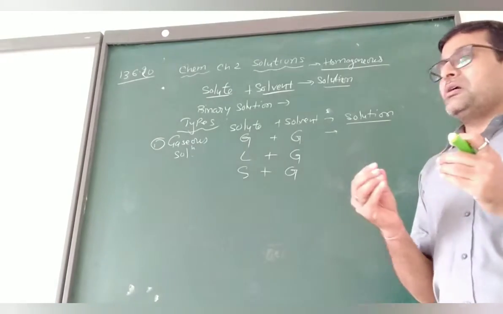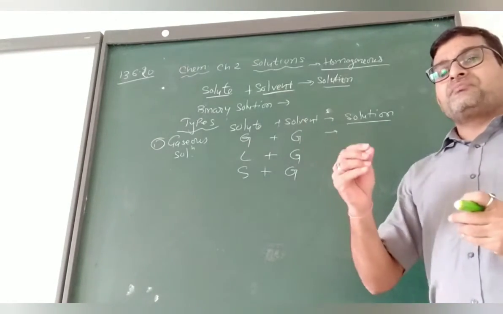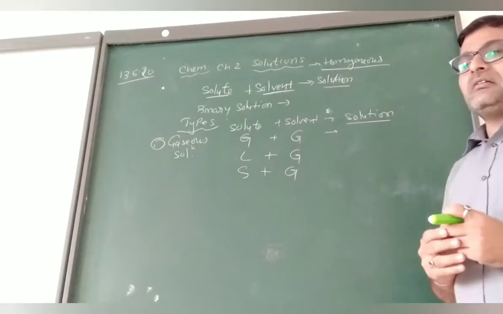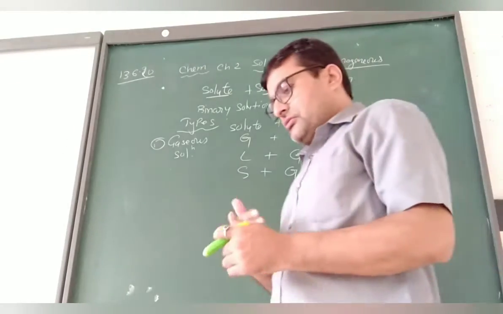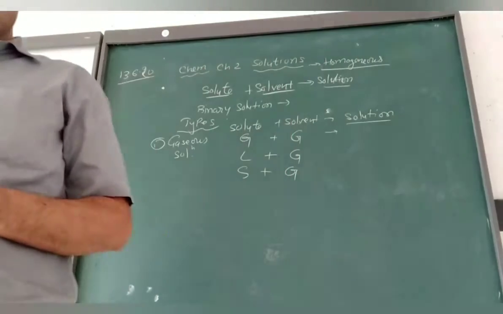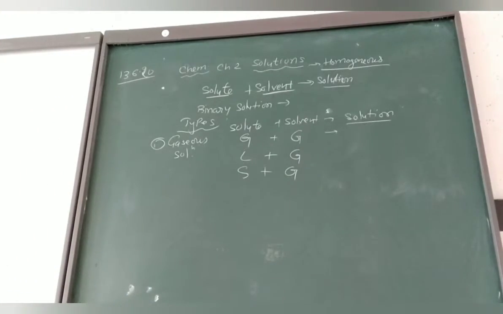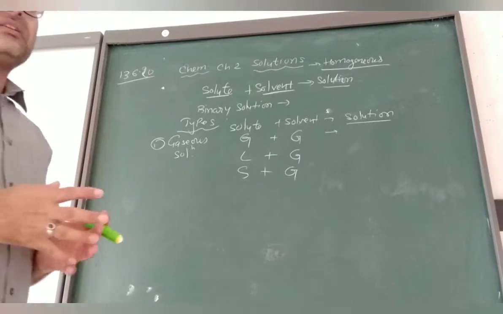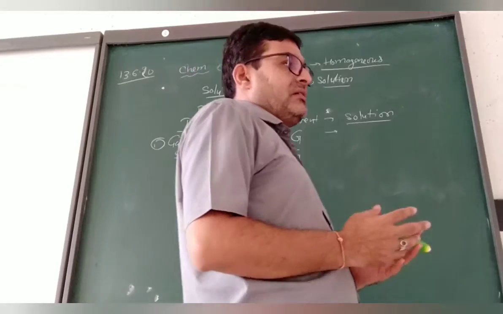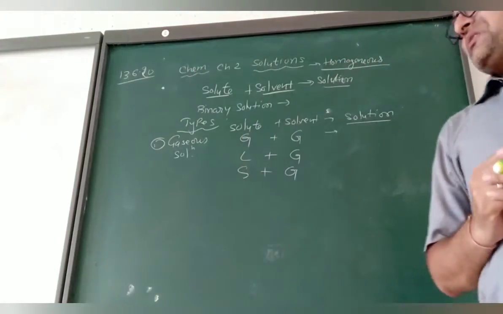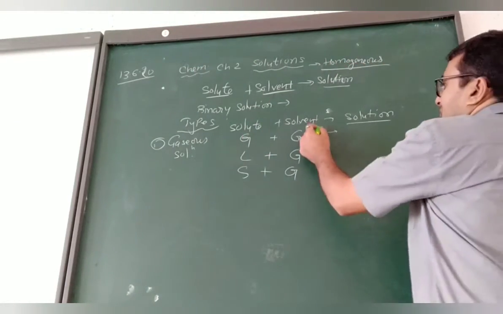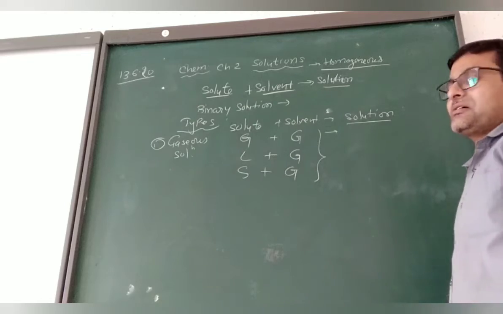Suppose unburned carbon particles, smoke, are suspended in the air. Or camphor in nitrogen gas: you have nitrogen gas and camphor in it, so that also becomes a solid in gas example.